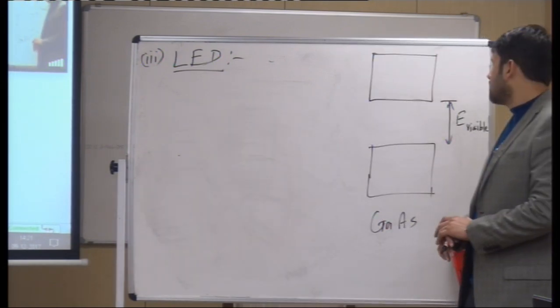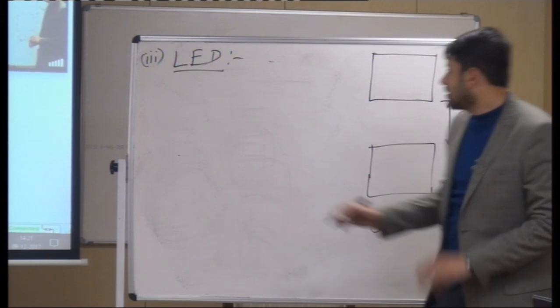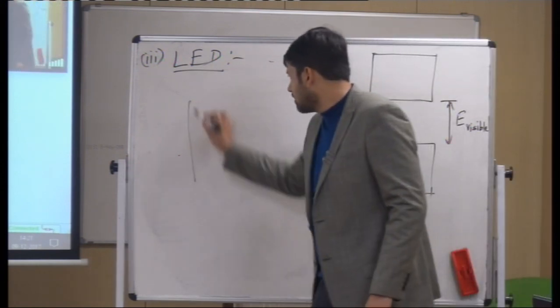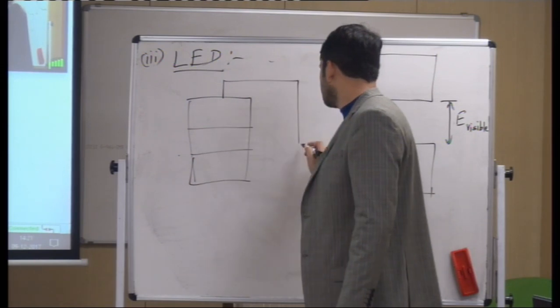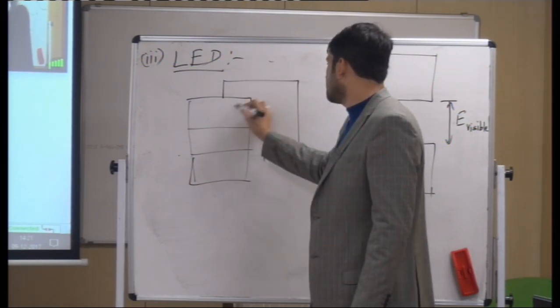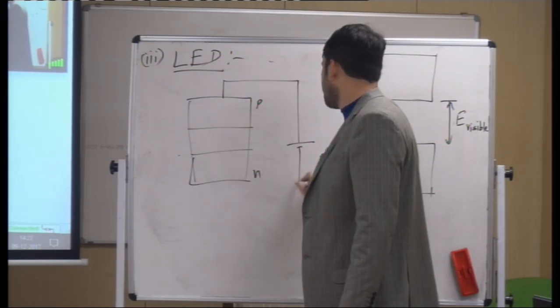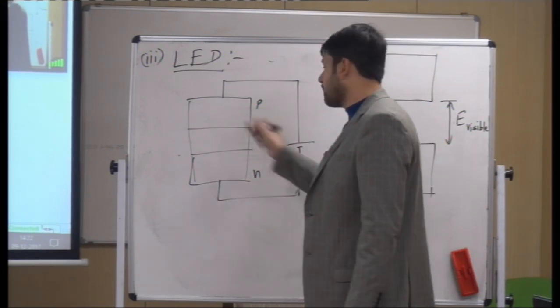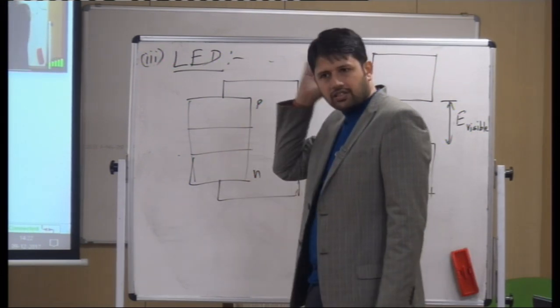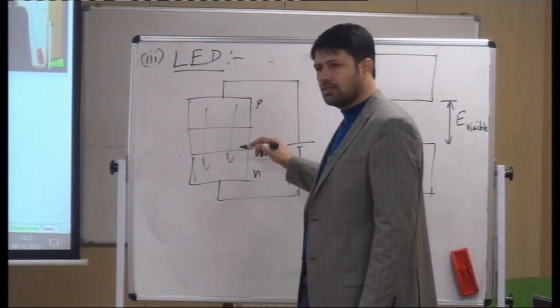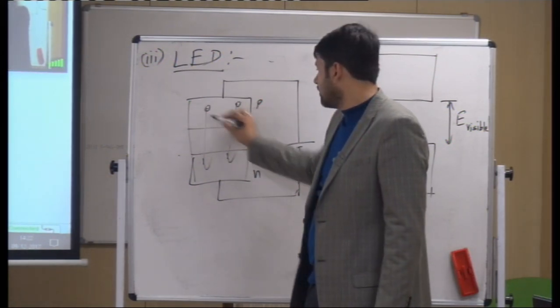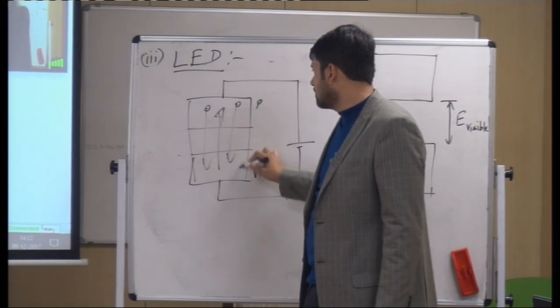Okay, so whenever this is the LED, and this is the P region, this is N, and it is forward biased, what happens? The majority charge carriers, holes, are traveling like this, while the electrons are traveling like this.